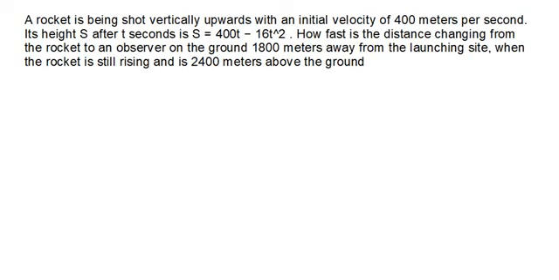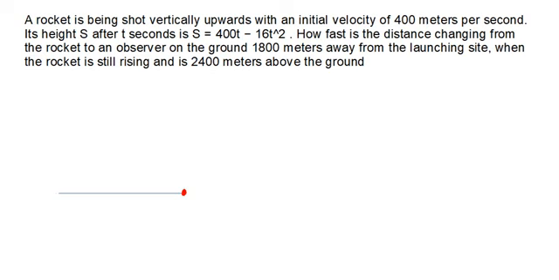So let's say this is our launching site at this point. Then we are told that the observer is 1800 meters away from this launching site, so you can decide to go this side or the other side, we are basically talking about the same thing.